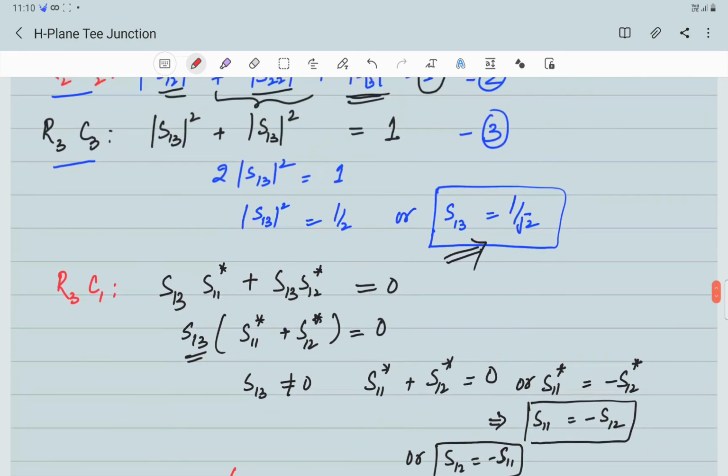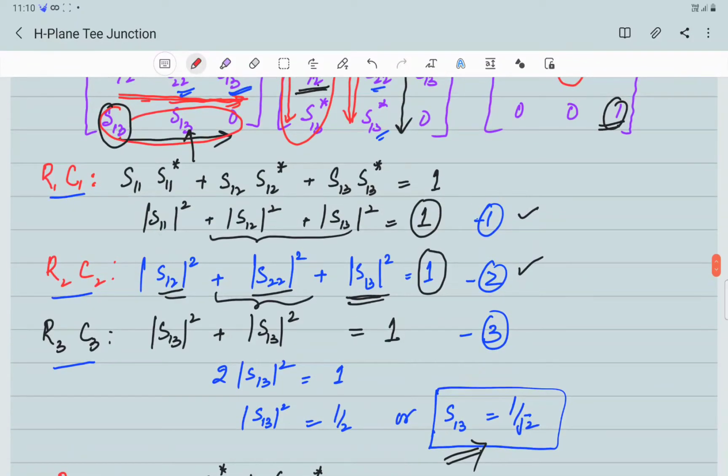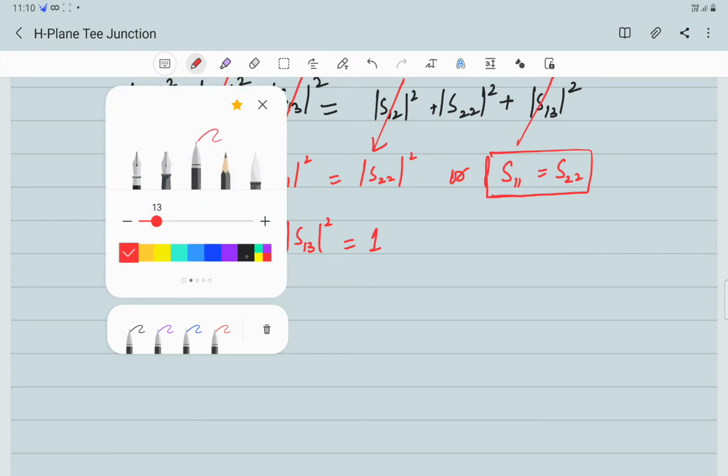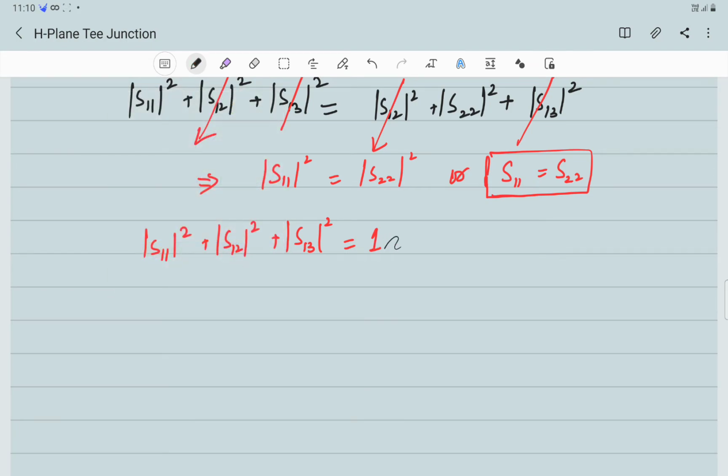Now let me rewrite equation 1. So equation 1 is S11 square plus S12 square plus S13 square is equal to 1. So we have seen S11 is same as S22.